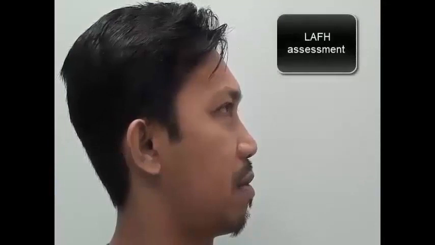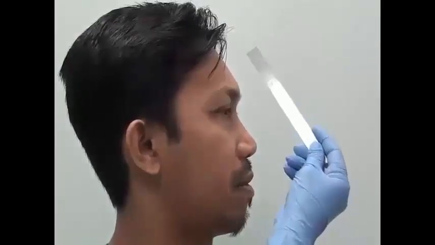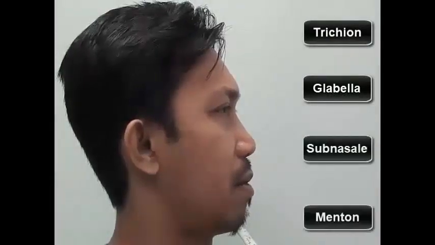Now let's look at lower anterior face height assessment. First, split the face into thirds from trichion, glabella, subnasale, and soft tissue menton.